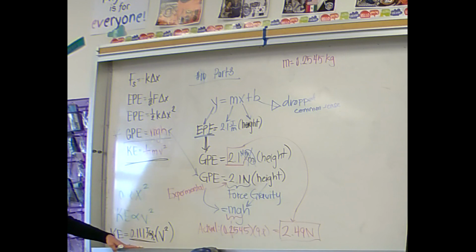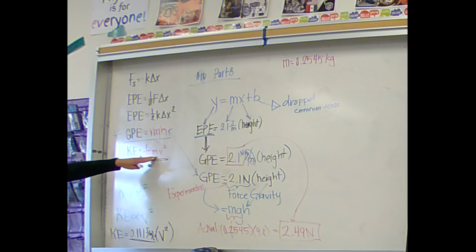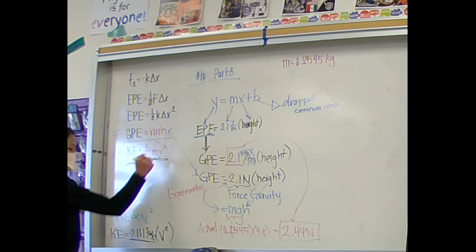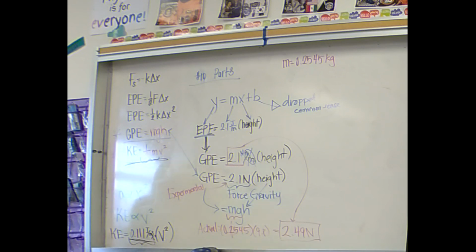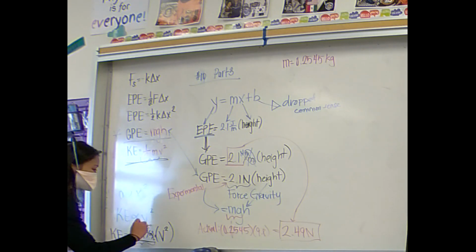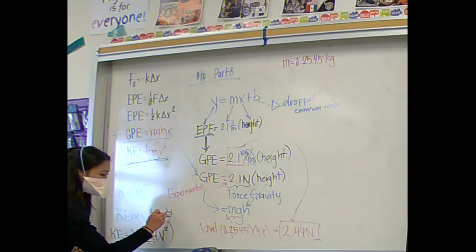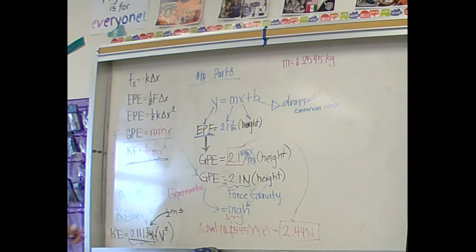I want someone besides Alec. Avery, thank you. The mass. It's not just the mass, but it's actually half of the mass. So let's check it. If this value is equal to 1/2 the mass, what is 1/2 of the mass?